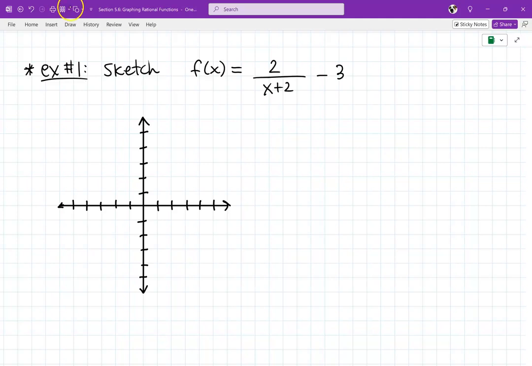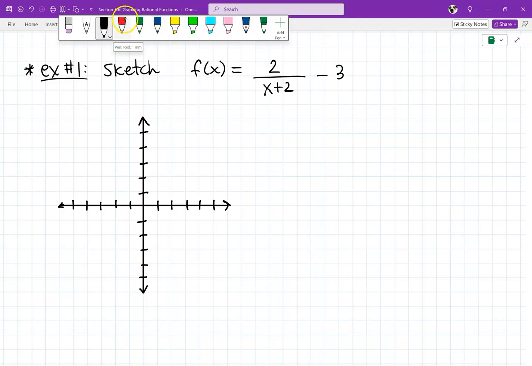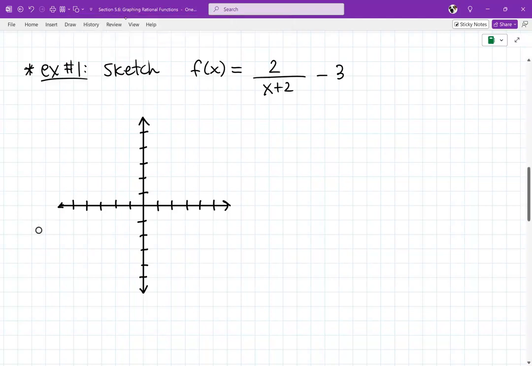Now you've got to figure out 2 things. What is my A term? It's 2. So that means it's positive. If it's positive, that means it's decreasing. Remember, it's opposite.